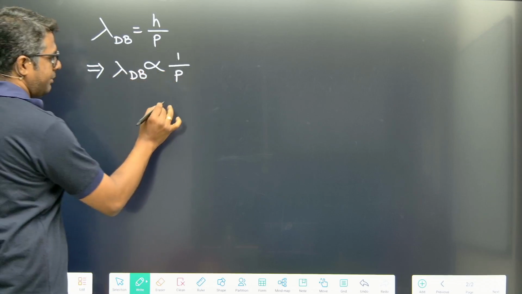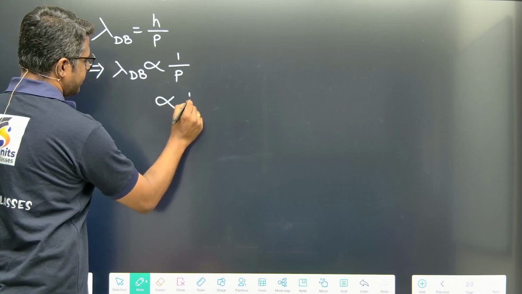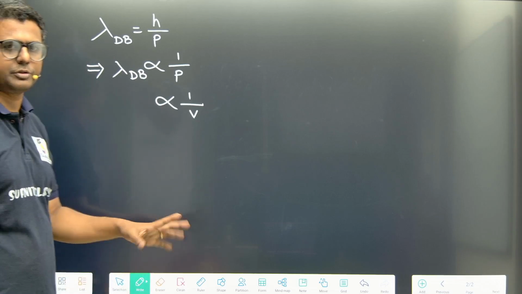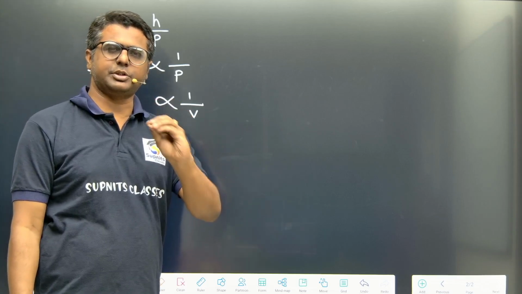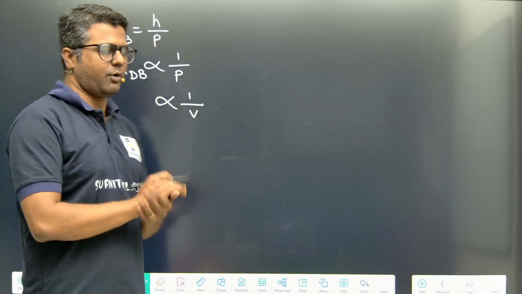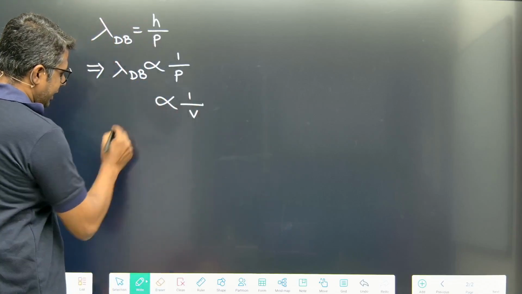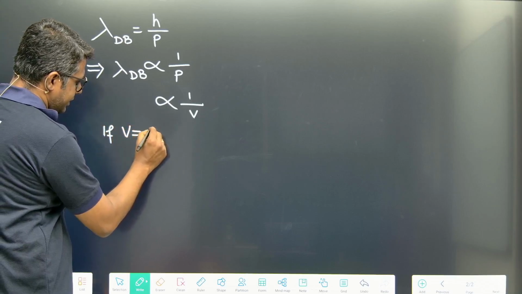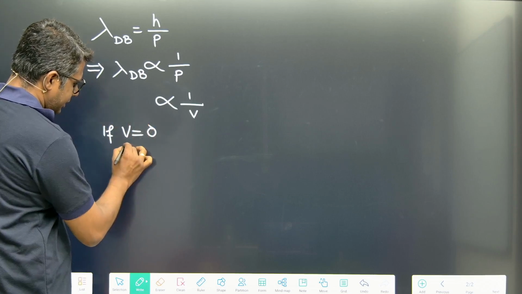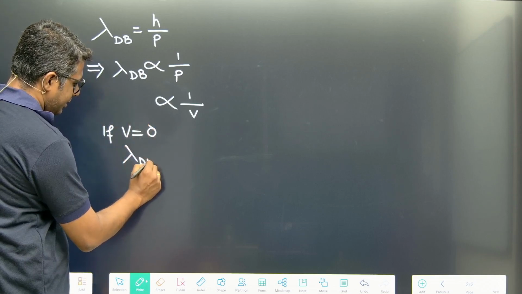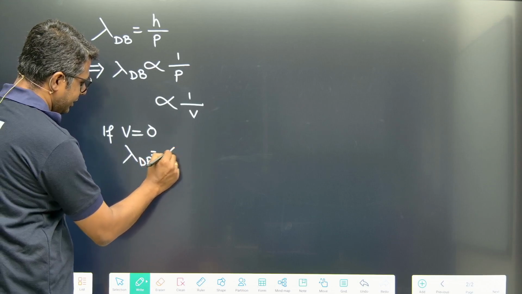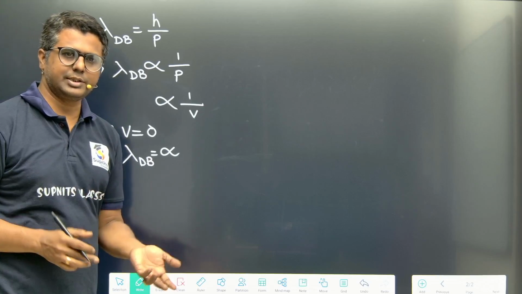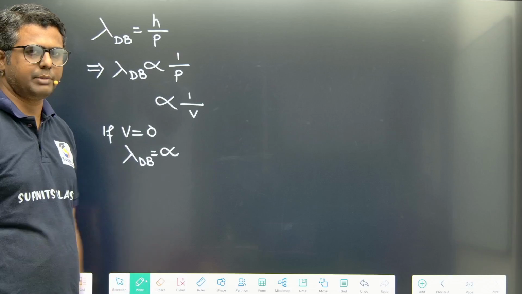So if it is inversely proportional to momentum, it is also inversely proportional to velocity of that particle, electron, proton, neutron, whatever, it is inversely proportional to that. Now from here I can say if velocity is 0, then what is lambda de Broglie? Lambda de Broglie is infinity. Now what does this actually signify? Many of you can say infinity is very long and all stuff, but what does this signify?